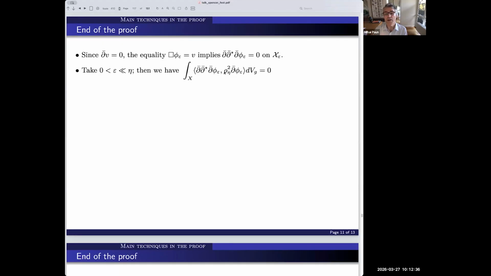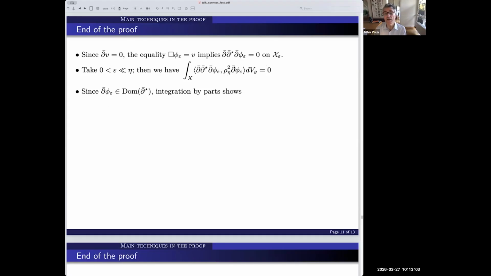Now, this rho eta is 0 on the boundary of the ball of radius epsilon, and so we can write this integral here, the integral over the whole X. And again, here we really use the fact that near the boundary of X, this one is in the domain of the dbar star.